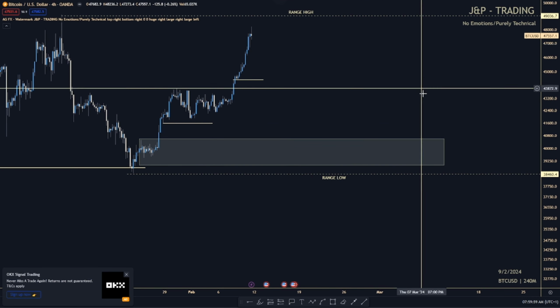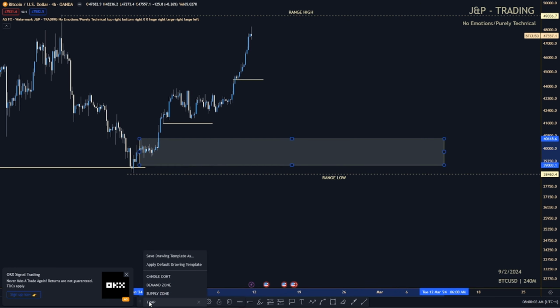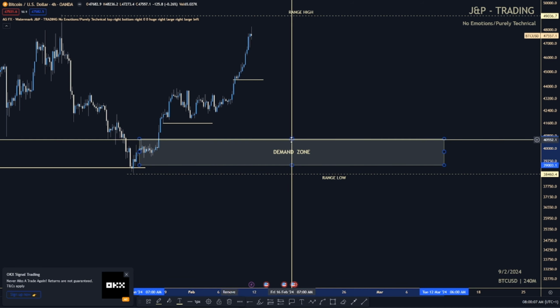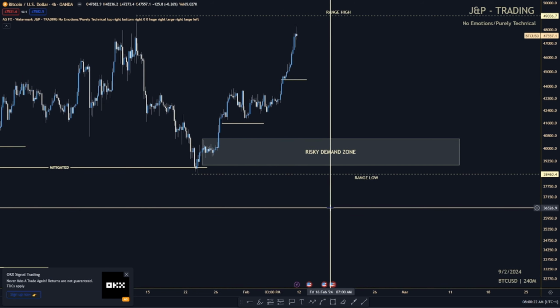So here is a demand zone where we'll be expecting a buy if eventually the market clears that high and decides to make a deeper retracement. I'm just saying a deeper retracement. If eventually it comes down, that is the point we will be expecting a buy, but it's quite risky.